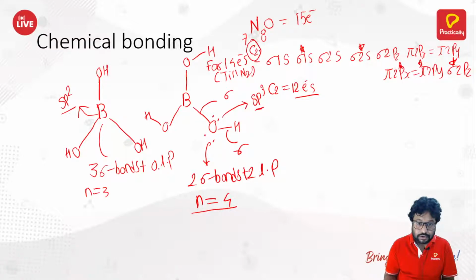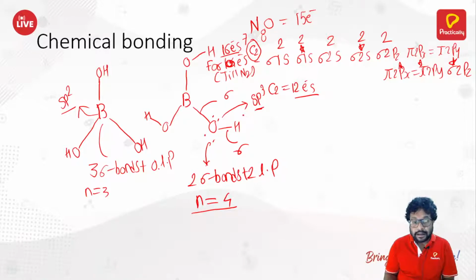For C2, you got 2 electrons here, 2 here, 2 here, 2 here, 8, 10. I think this order might be reversed. Let me see. No, this is for the 16 electrons. Sorry, my bad. This is for the 16 electrons, 10, then you got 12, 14. Yes, this is for the 16 electrons.